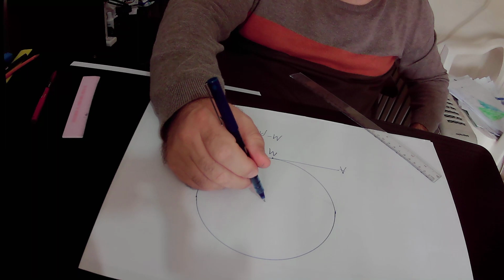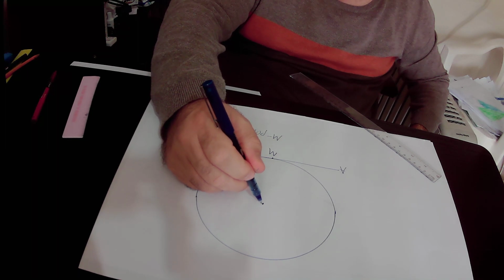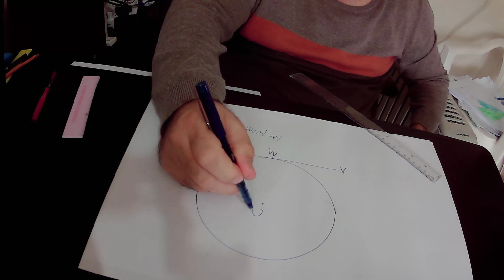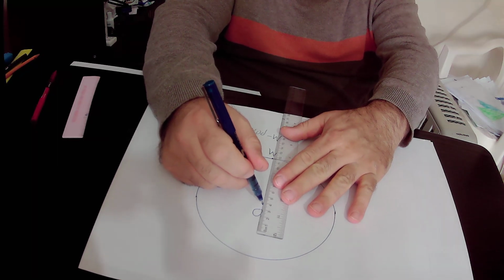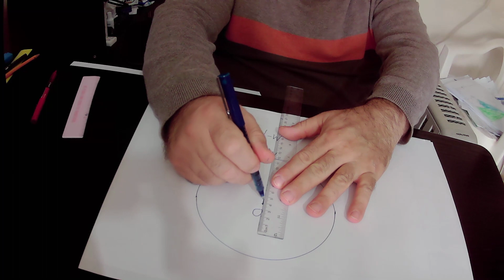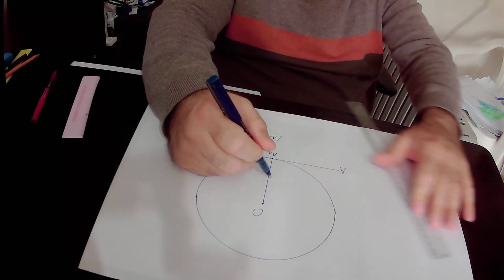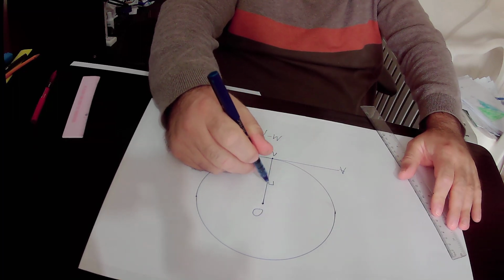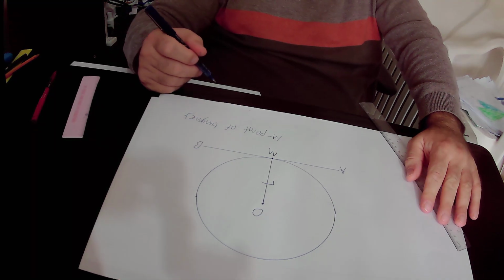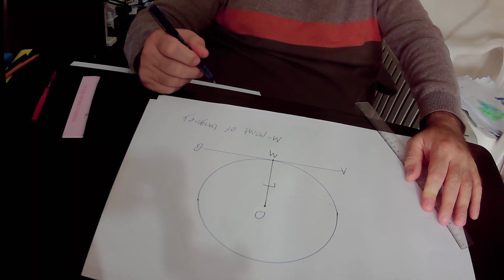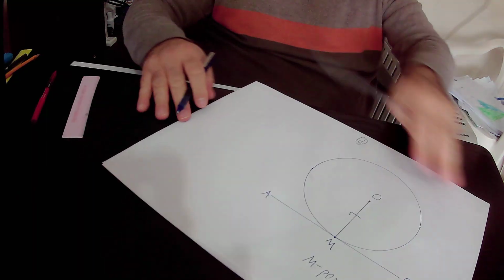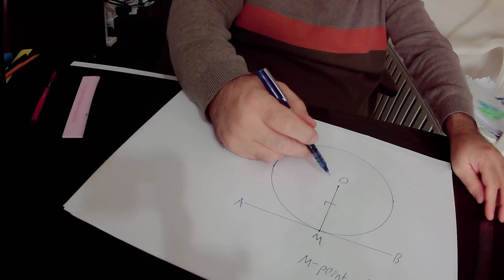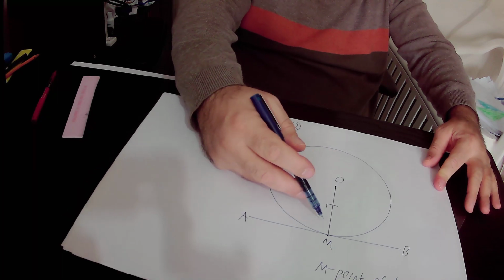Suppose that this is the center of this circle. We will define the center of this circle as point O. Then we'll join together points O and M by a straight line. OM is the radius of this circle, and as you can see from the drawing, the radius OM is drawn to the point of tangency.